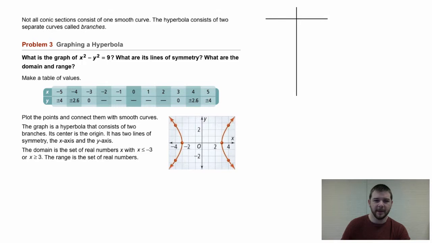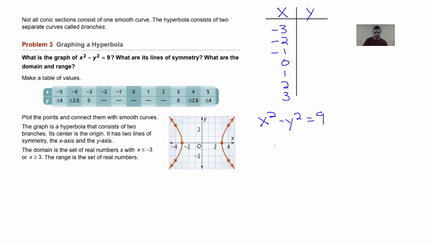Well, again, we'd start by making a table of values, and we would substitute in points that we'd like to work with for x to see what y's are associated with those. But perhaps first we would like to have our equation solved for y.